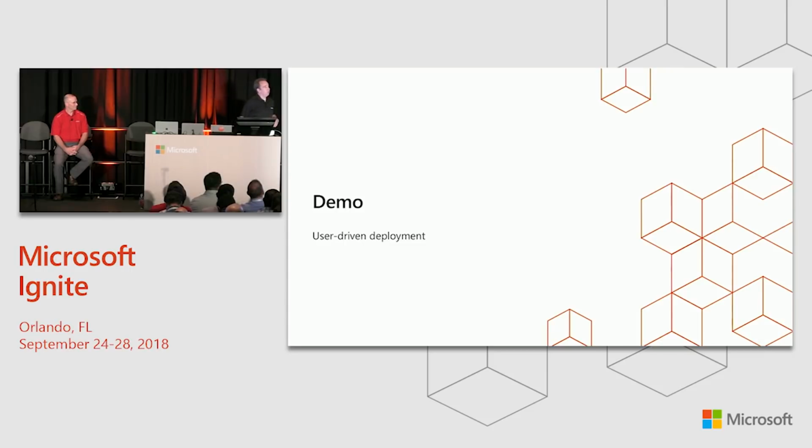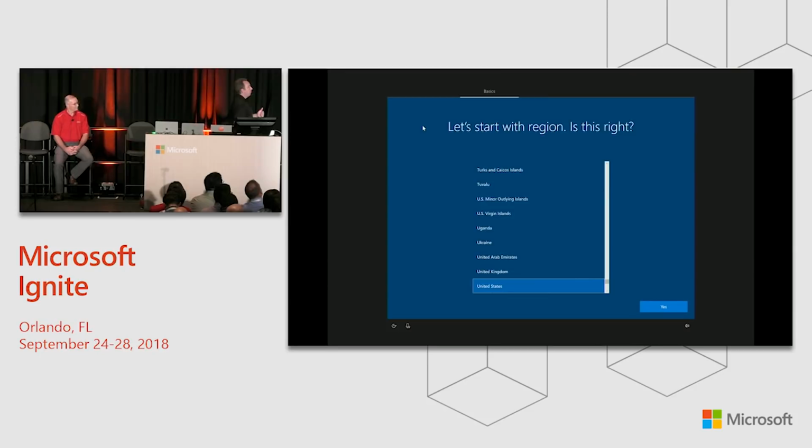So we thought it would be good to start off with just showing you what this process looks like. We don't want to talk for an hour and not show you the process overall, so we'll start with a demo of user-driven deployment, which is the scenario that was in Autopilot from the start. In the user-driven scenario, the idea is that the user is going to set up this device themselves.